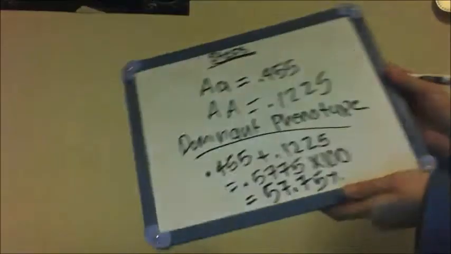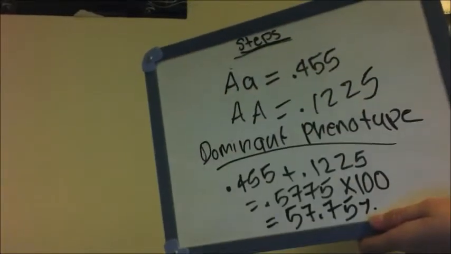You multiply that by 100, and that's going to give us 57.75%. And that is your dominant phenotype. The reason why we use both of those is because capital A is always going to dominate lowercase a, and so that is why our phenotype becomes dominant.